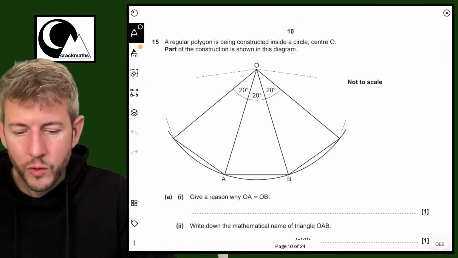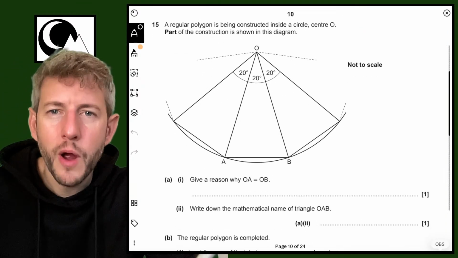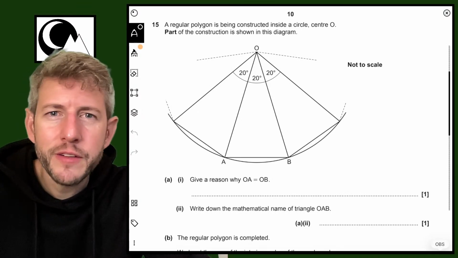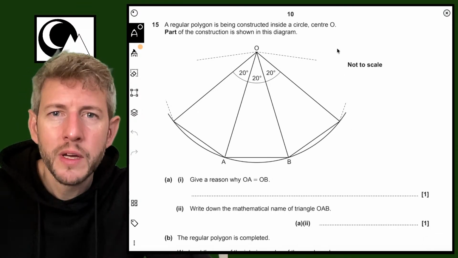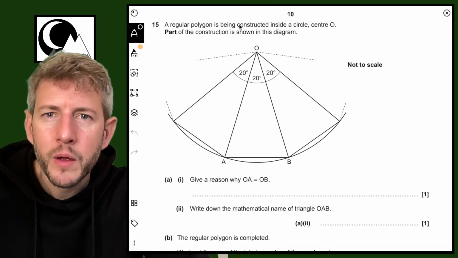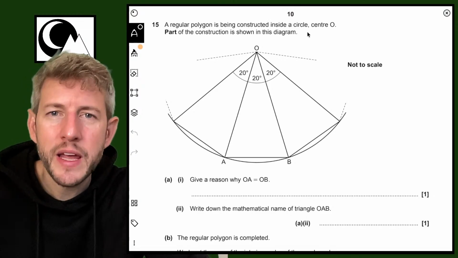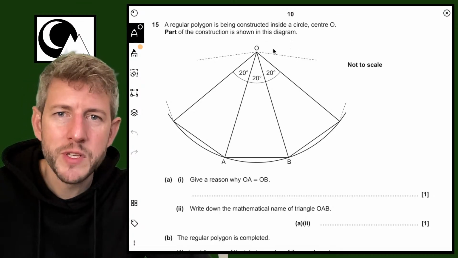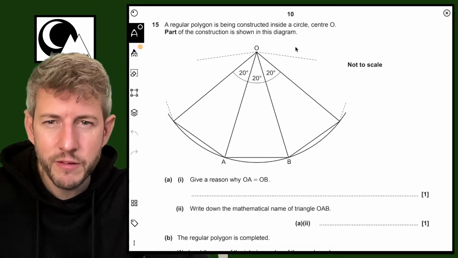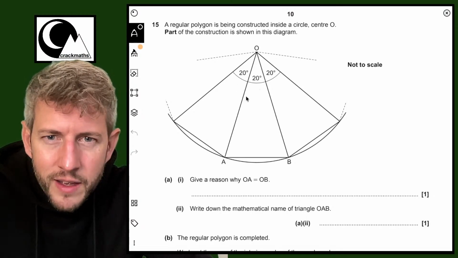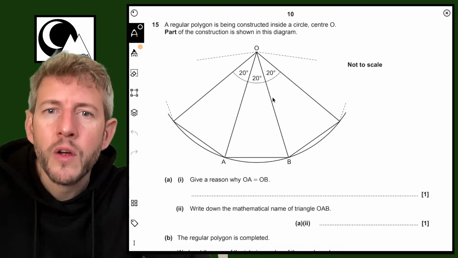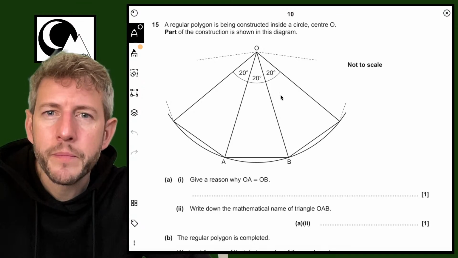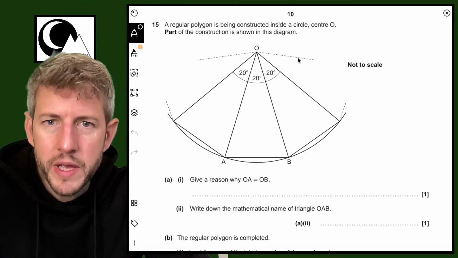Here we go. Question 15. A regular polygon is being constructed inside a circle with centre O. Part of the construction is shown in the diagram below. We can see that we've got segments with 20 degrees here, 20 degrees here, 20 degrees here. And this says, give a reason why OA equals OB.